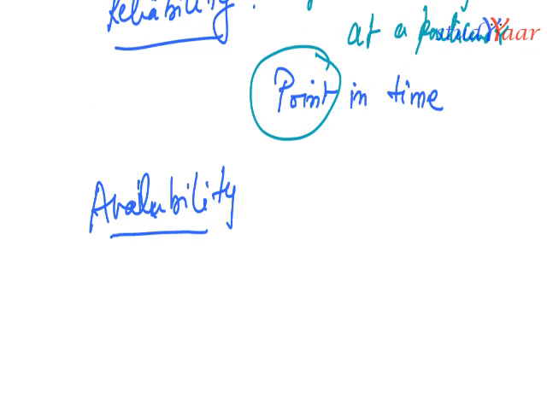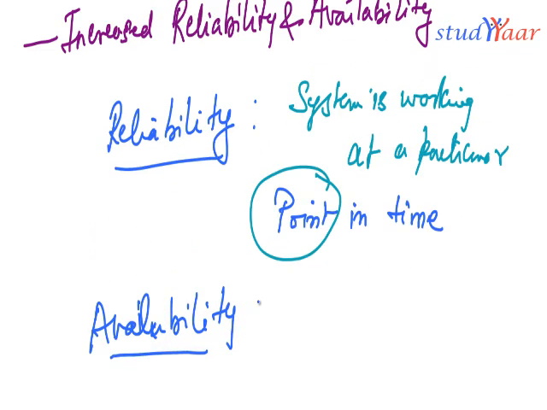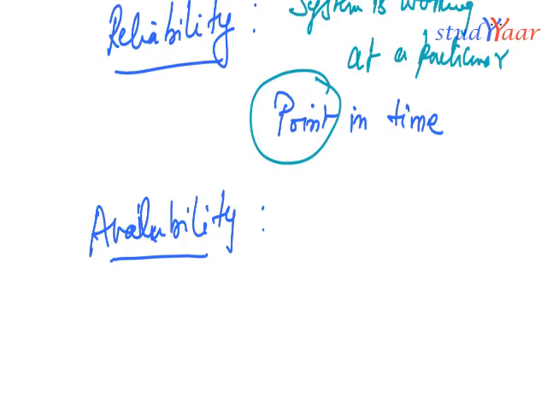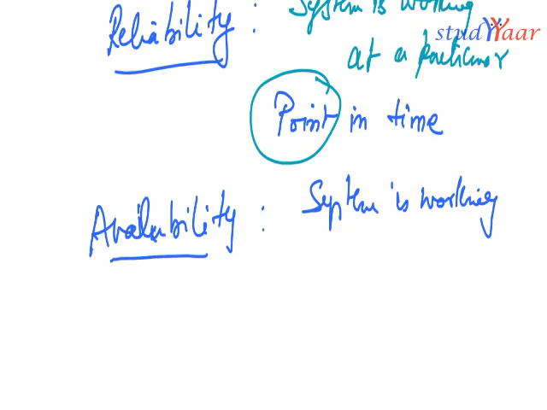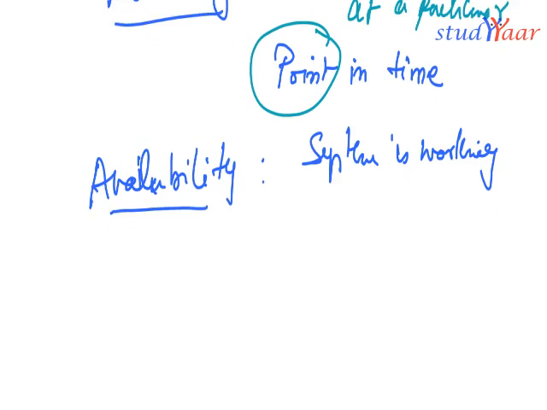says or determines the probability that my system is working continuously during a particular time interval.